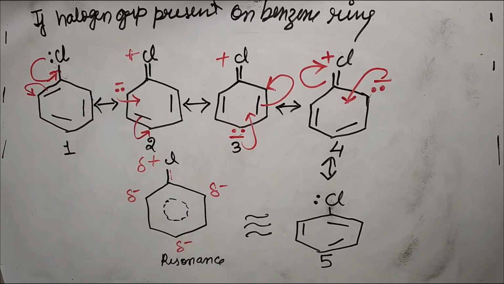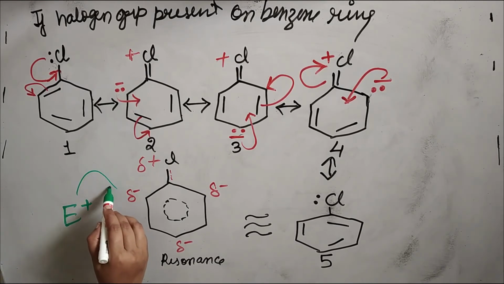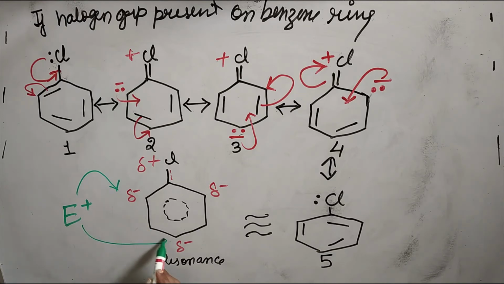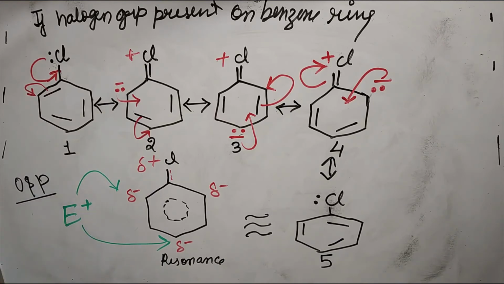So when we take the average, or compile structures 1 to 5, we get this type of resonance structure. Now again the question arises: if an electrophile has to react, where will it go? The electrophile is positively charged, so obviously it will go to the ortho and para positions. Because of that, halides are ortho and para directing groups.